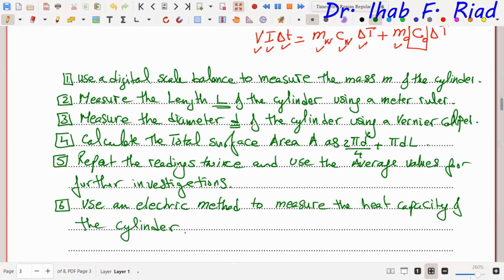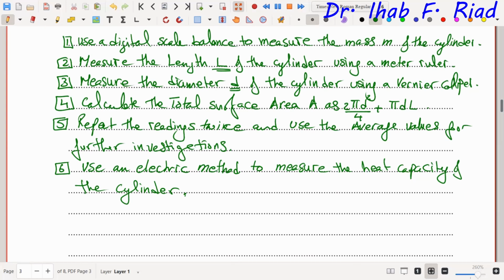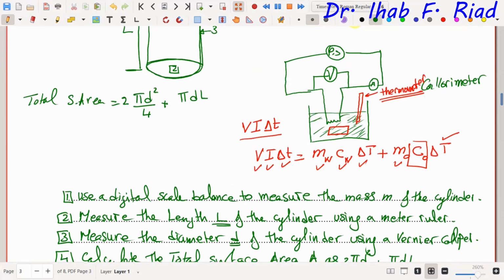Okay, this is all we need to tell him. Use an electric method to measure the heat capacity of the cylinder. What you can do, you can just draw this diagram and all is fine.